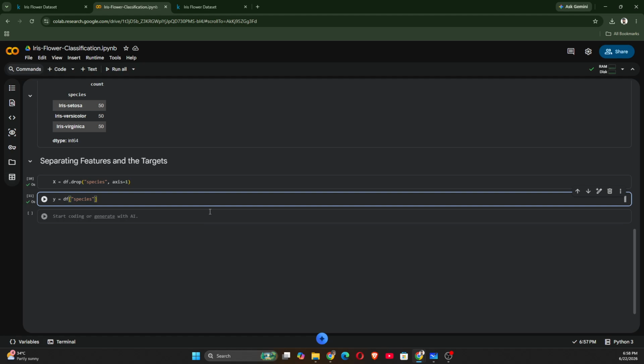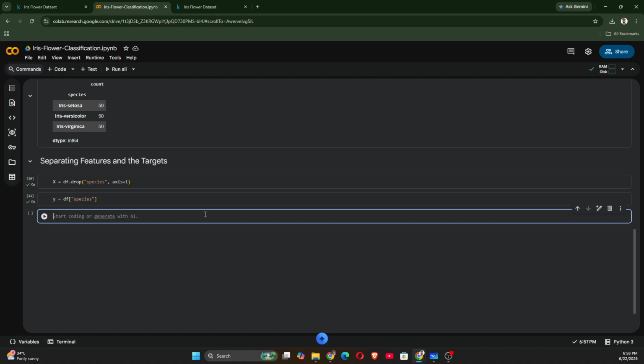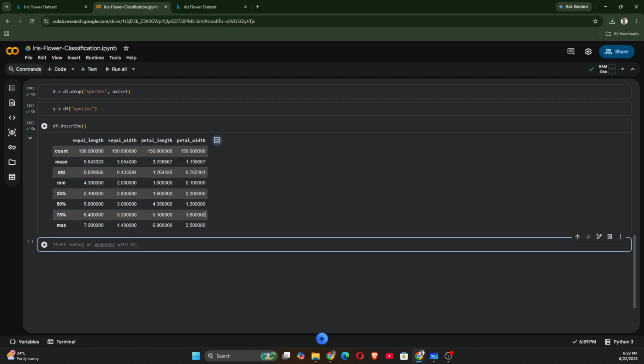Then comes df.describe. Now this is a bit new for you, and I will be explaining all this. For sepal length, sepal width, petal length, petal width, we will be finding all this.